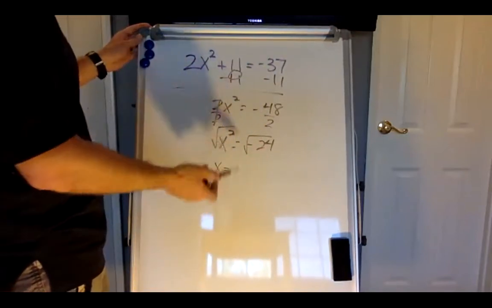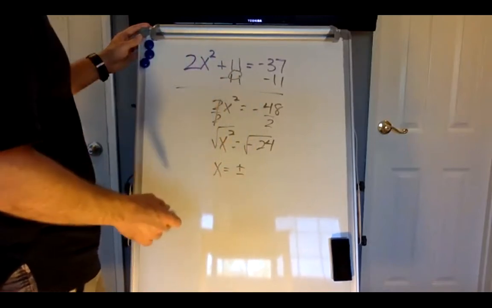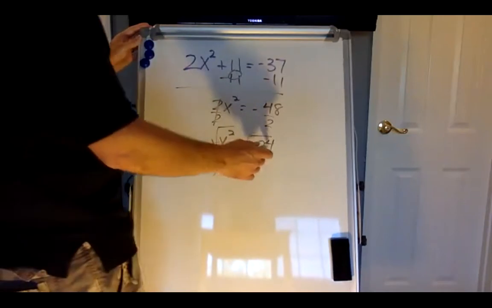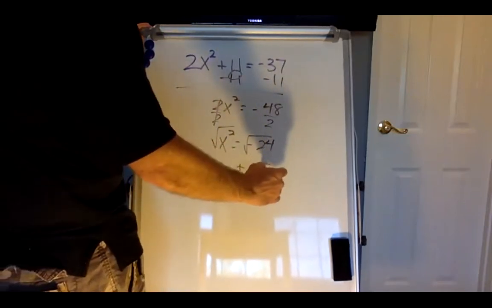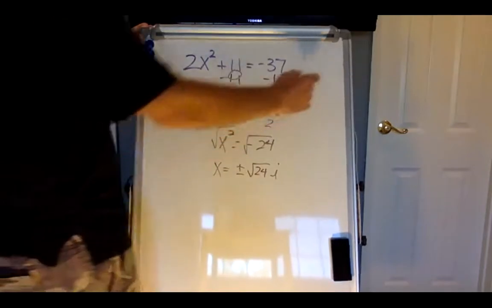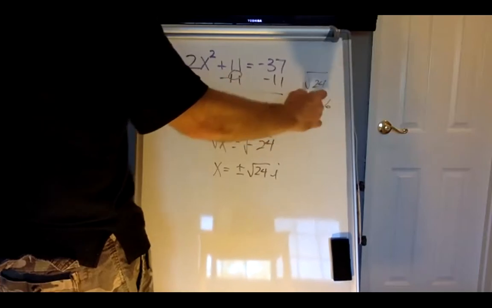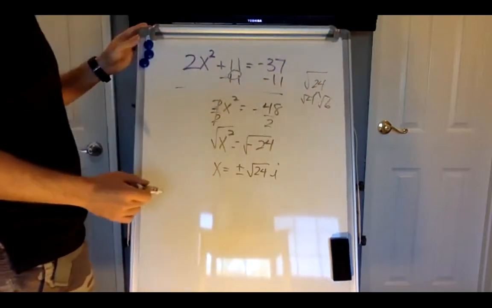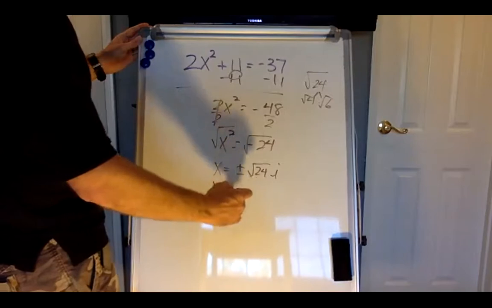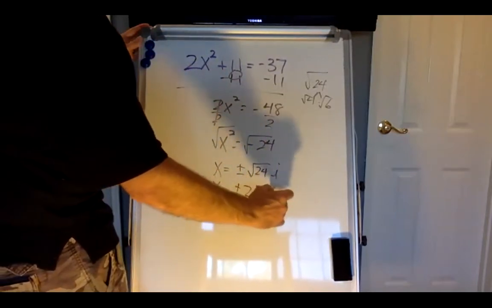Now, it should be plus or minus, right? It's the absolute value. Then you factor out an i and you get this, but you still have to simplify your radical. The square root of 24 is going to be 4 times 6, so you're going to get 2 rad 6. So you'll just make this plus or minus 2 rad 6 i.